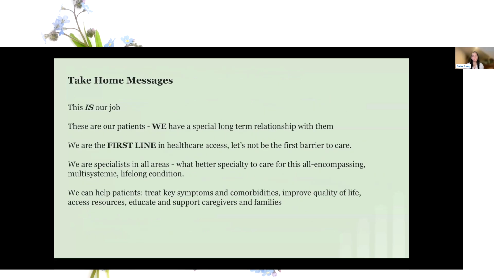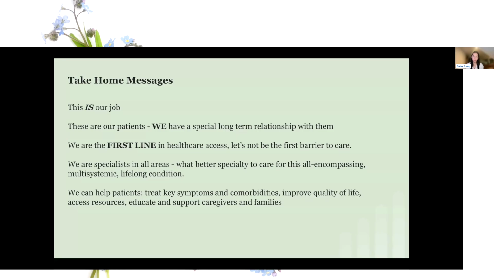So, take-home messages for family physicians. This is our job. We're the family physician. We are the first one that patients often will see. We can't be the first barrier to them getting care. We have a special long-term relationship with them. It's why I love my job. And we are specialists in medicine. We can help in all of these areas.